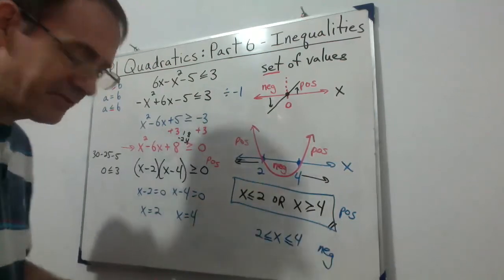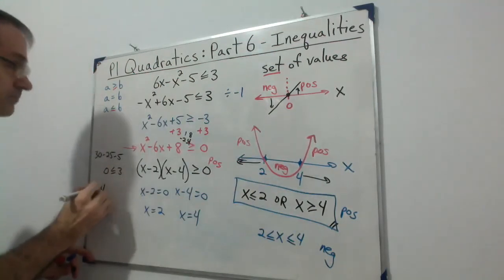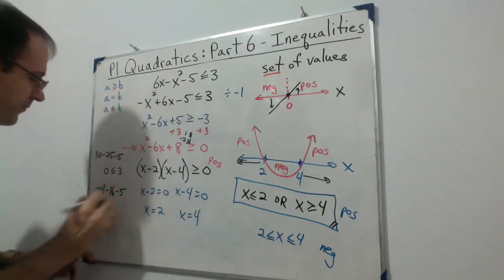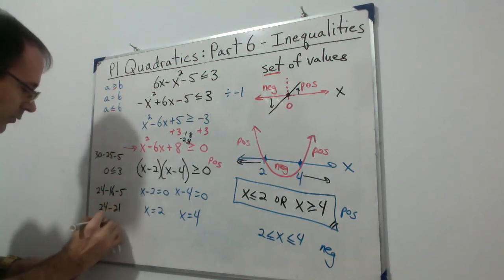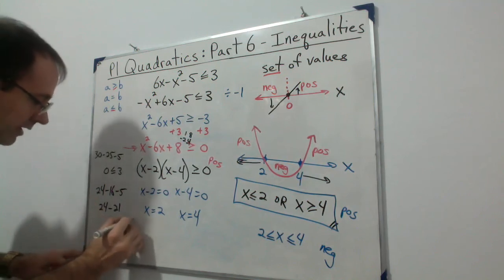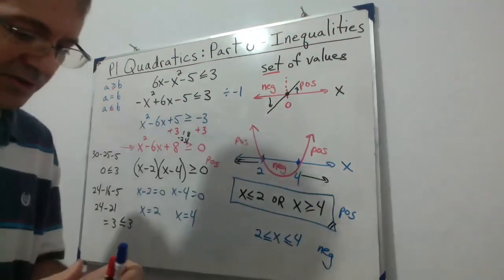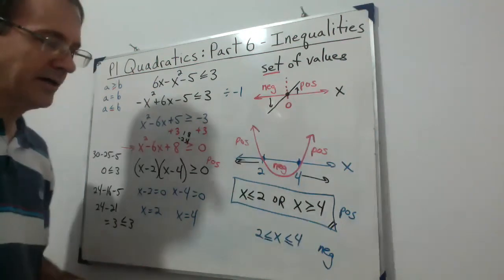So we could have taken 4 if we wanted to. 4 times 6 is 24, minus 4 squared is 16, minus 5, that's 24 minus 21, which equals 3. So is 3 less than or equal to 3? Yes, 3 is equal to 3. So we can see that even using these endpoints of our section.